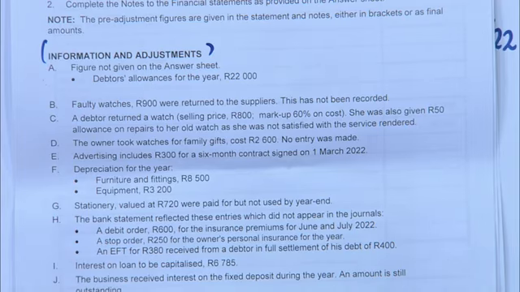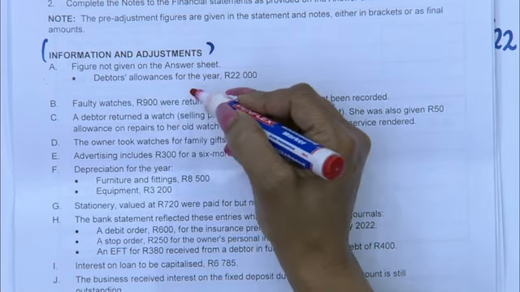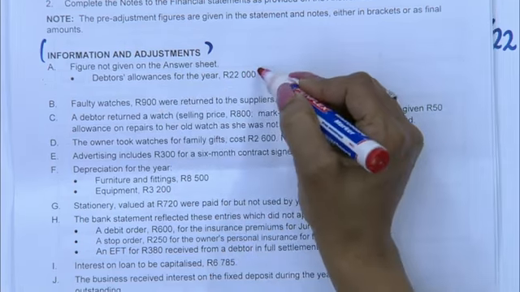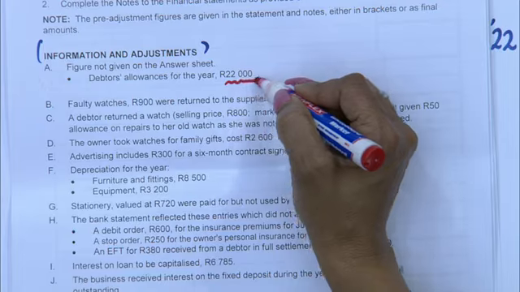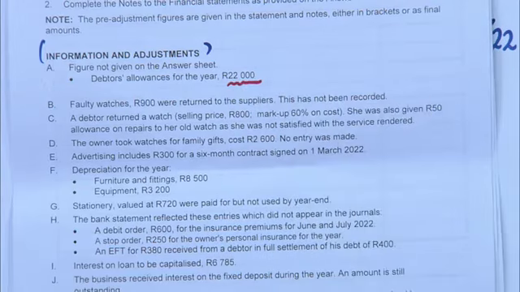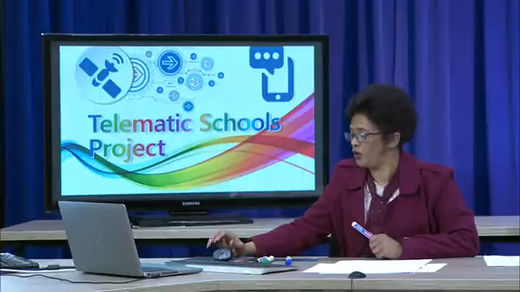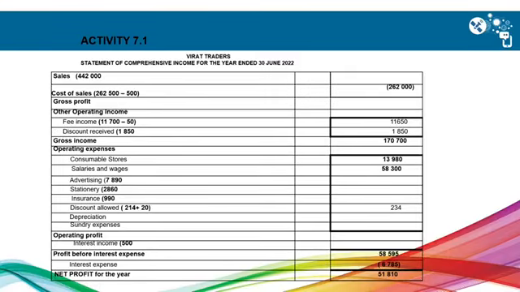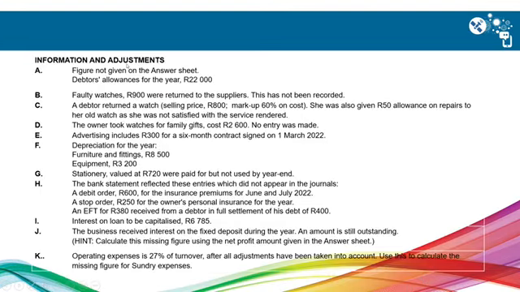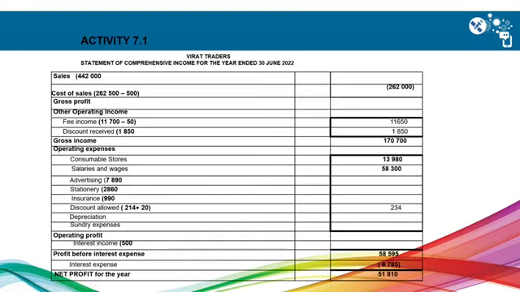I read A, debtors allowances equals to 22,000. So ma'am will highlight the 22,000. Can we then go and check what impact will that 22,000 have on my sales? Do you agree that there's a figure filled out already for us? 442,000.